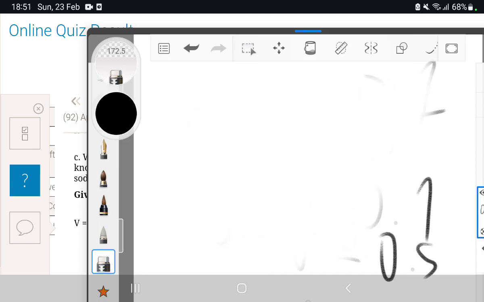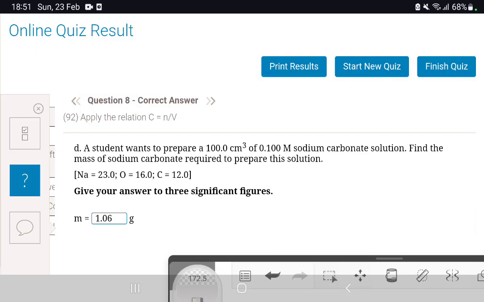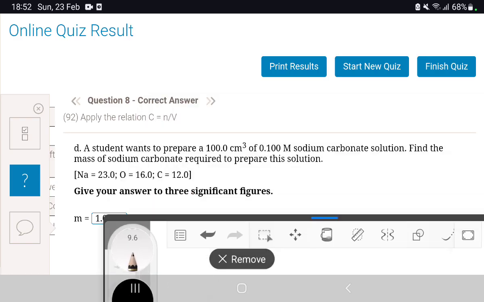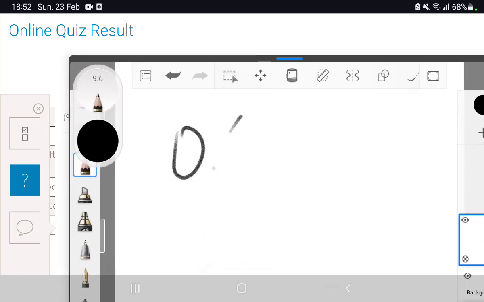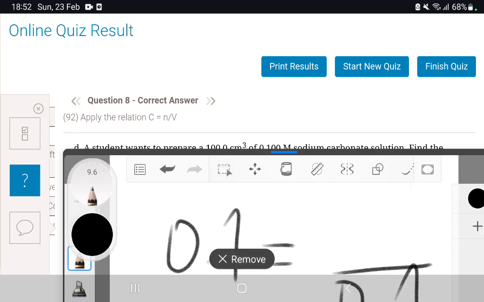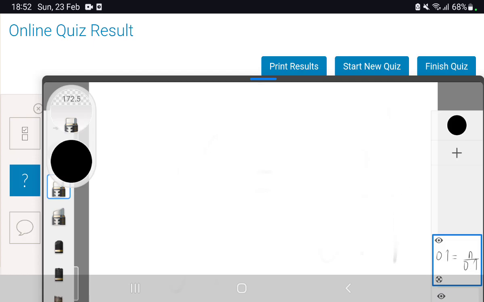Okay, now we have part D. First we need to find the moles, right? They gave us the concentration and the volume, which is 0.1, because here they gave us in centimeter cube, but we want it to be in decimeter cube. So now we have the moles n, and we find that the moles is 0.01.